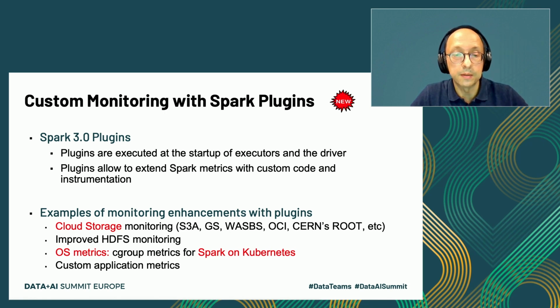As we will see, there is a hook to the metric system that is given to the plugin. The type of problem that these plugins allow you to solve is the monitoring of cloud storage, for example, S3, something that is not done by default by Apache Spark. There is also the possibility to use this for improved HDFS monitoring, monitoring OS metrics, very useful for Spark on Kubernetes, and also all sorts of custom application monitoring.